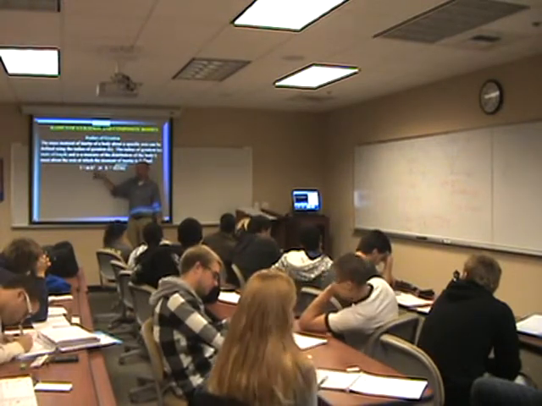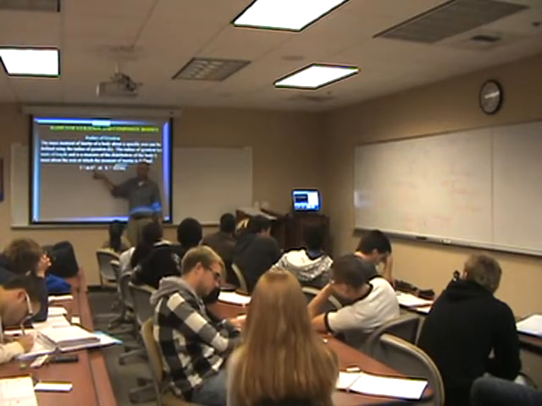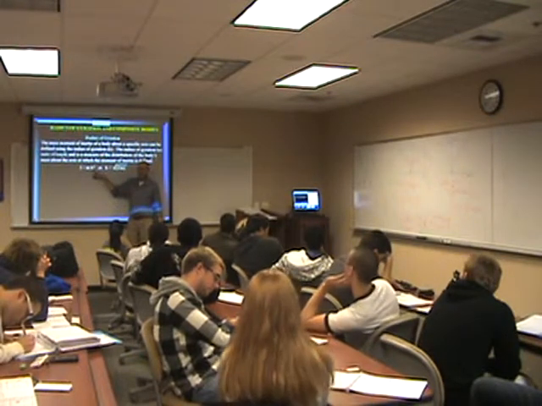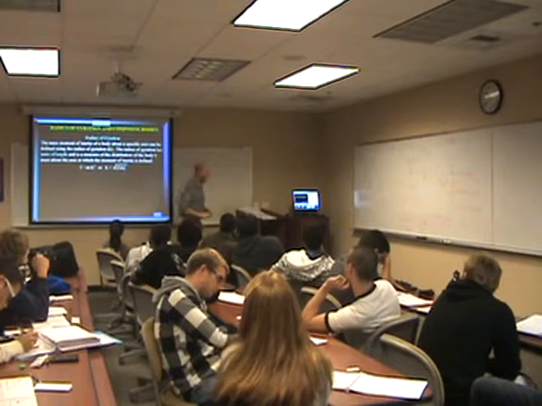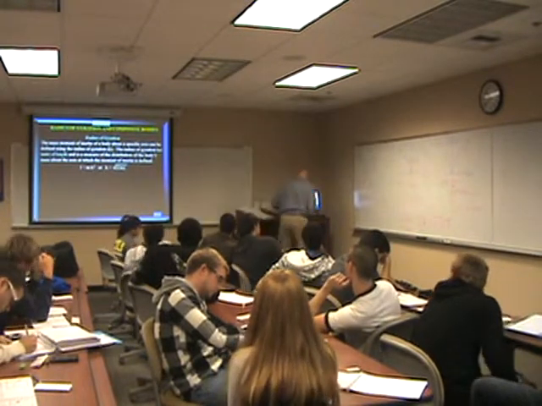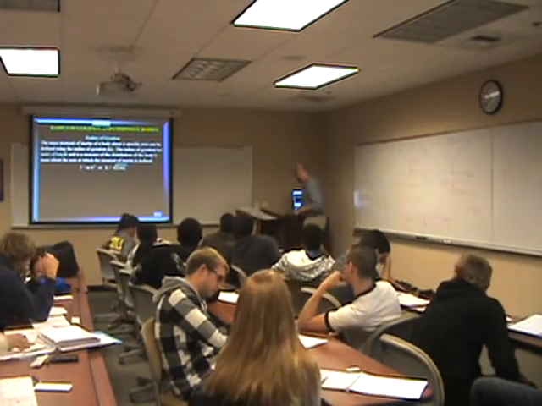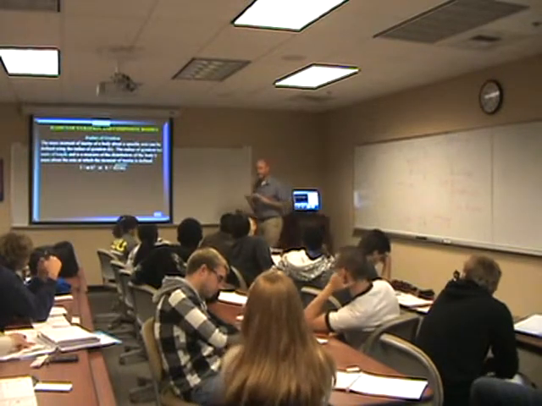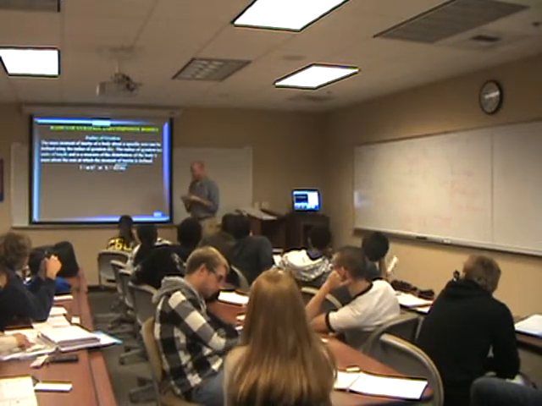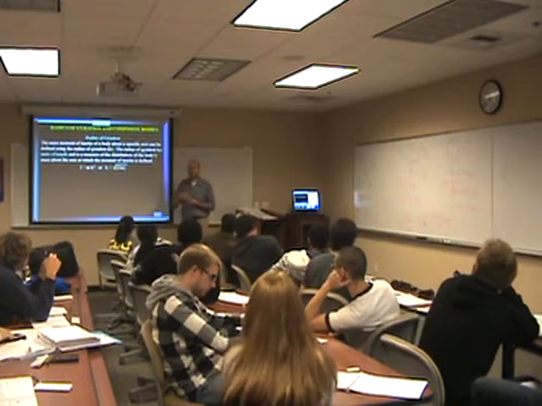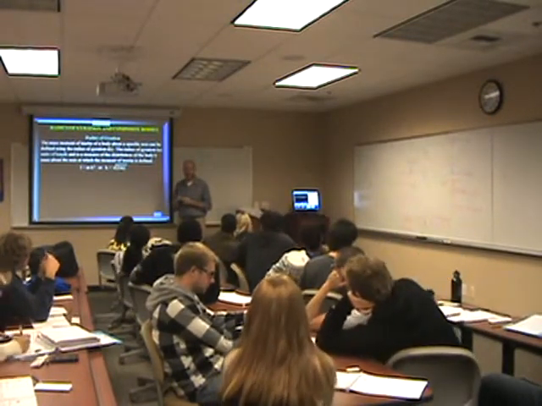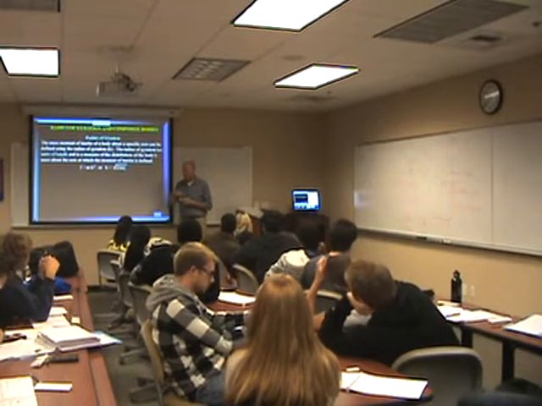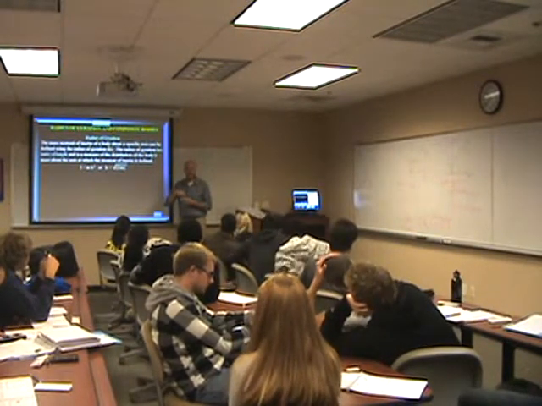So what is this saying? Here's an object. We want to rotate our object about its center. So how do we figure out the mass moment of inertia? We have to add up all of the little masses times their distance to the center squared.